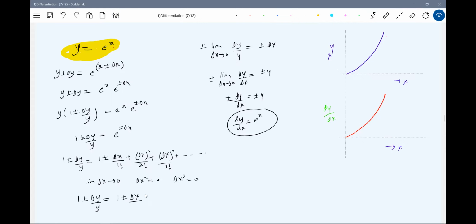So you do one thing. At x equal to 1, calculate the value of y. At x equal to 1, what is the value of y? It will be e. All of you have to make an observation here. This is something very important.